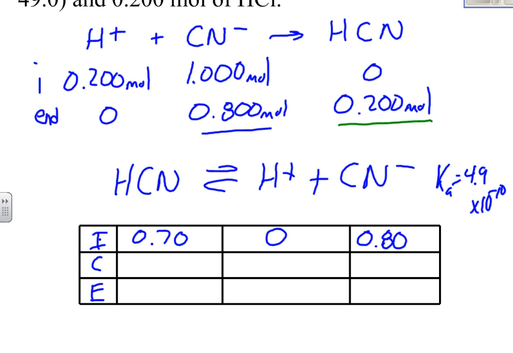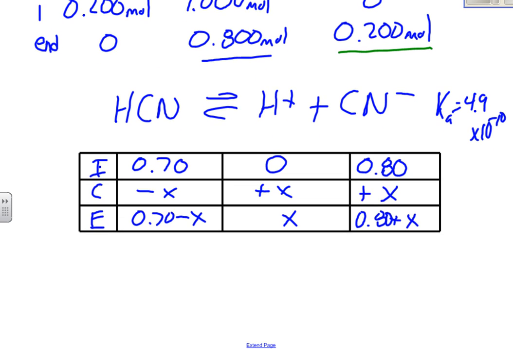Now we go back down again, so now it looks just like the last problem we did. This is going to go down by x, plus x, plus x: 0.8 plus x, x, and 0.70 minus x. All right. And then we go ahead and complete this like we would an ordinary chart. We've got our Ka, 4.9 times 10 to the negative 10th is equal to x.